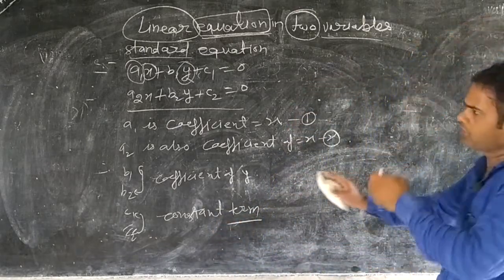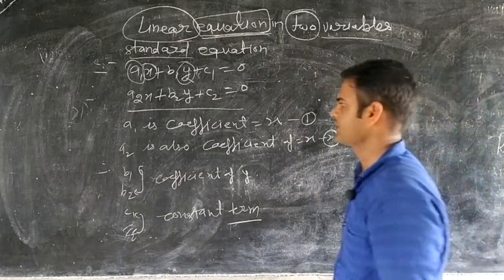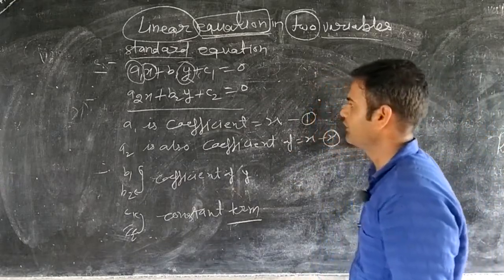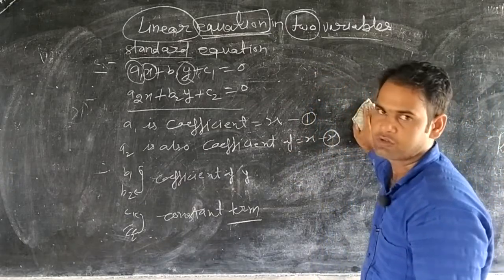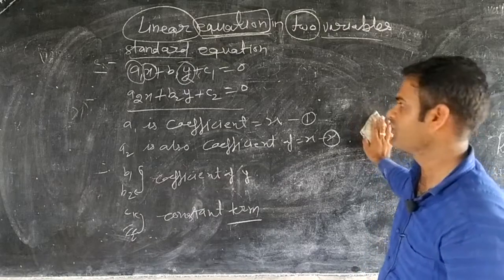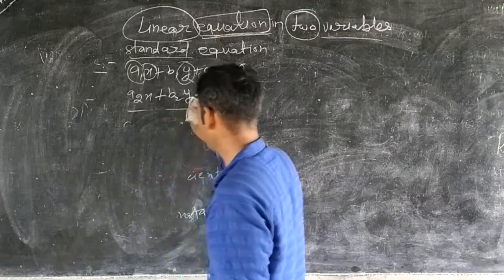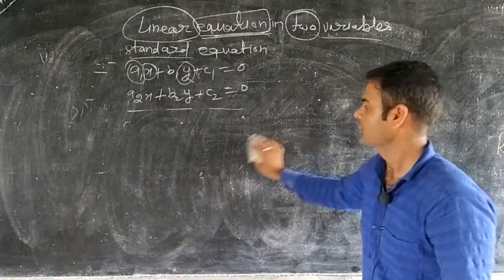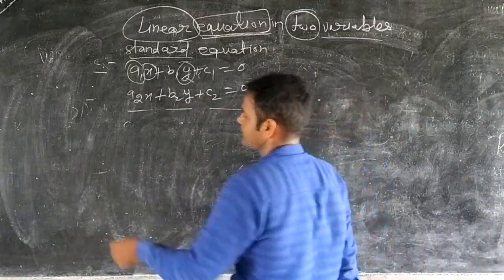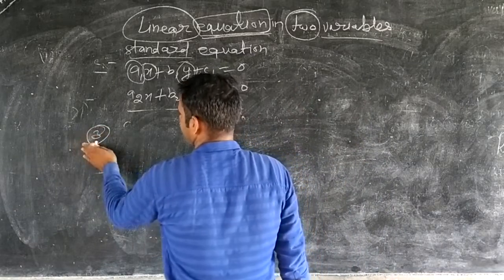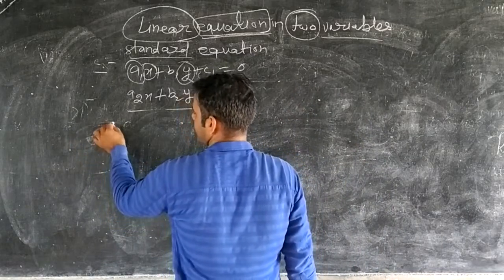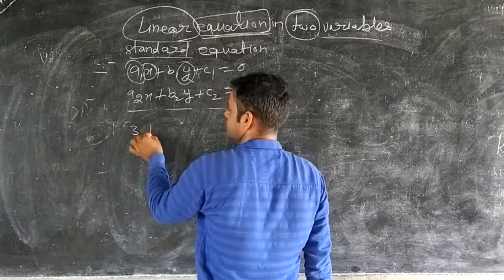Now we are discussing the position of lines: what the position of the lines is, what the types of solution are, and whether the system is consistent or inconsistent. Here there are three types of lines.